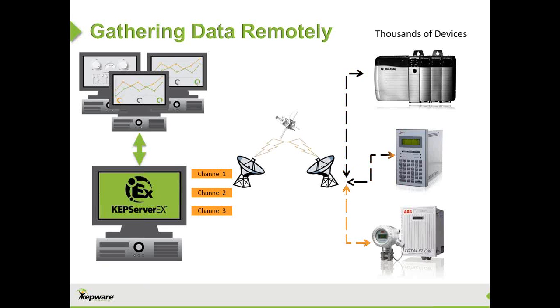Imagine a SCADA system, a corporate historian, or other analysis software. They're all trying to read hundreds or thousands of data points over this remote connection at a 1-second rate. That might be a lot of unnecessary burden for your network, especially if the applications don't need data at that high of a frequency, or if the data isn't changing, or if the request is redundant, if every application needs the same data point, that sort of thing.